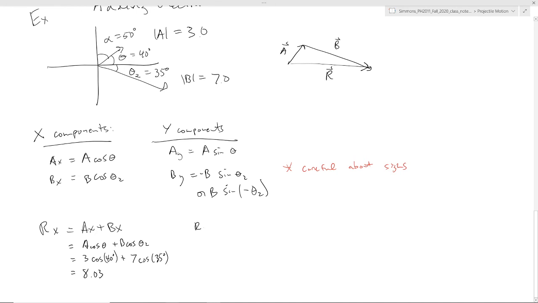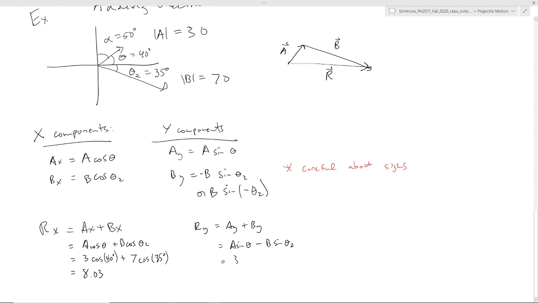Let's add up the y pieces. I'm just going to use the convention that we're assuming that theta 2 is positive, but we're recognizing that we're subtracting it.